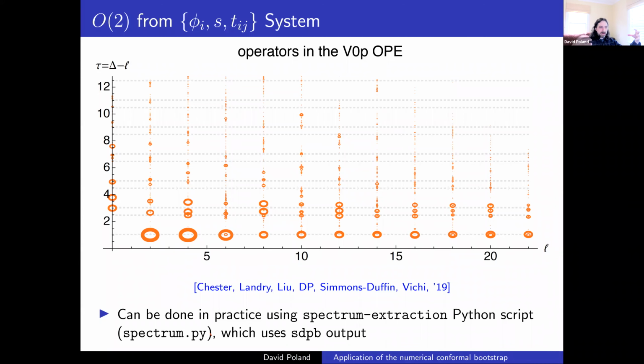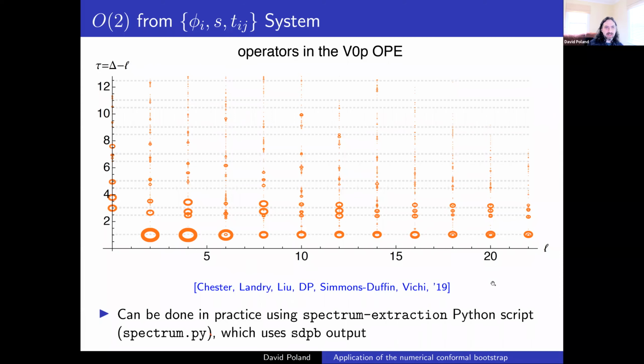So the big bubbles are the robust operators, and the little bubbles are the ones that only appear in one extremal spectrum, but not others. I just wanted to mention there's a nice Python script in this repository which can be used to extract the extremal spectra, using the output of SDPB.